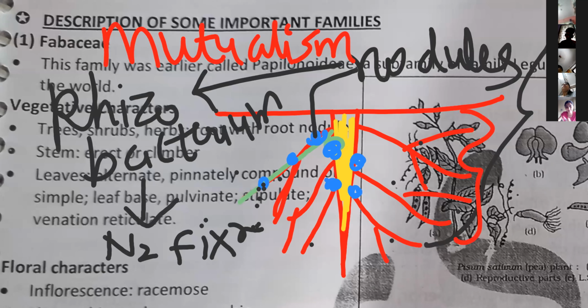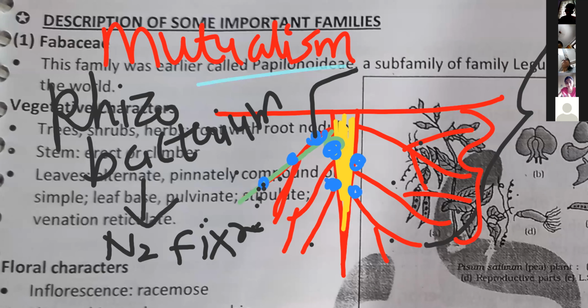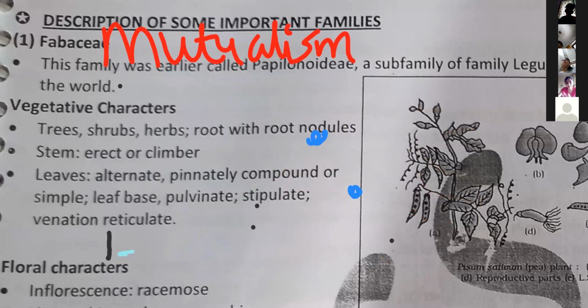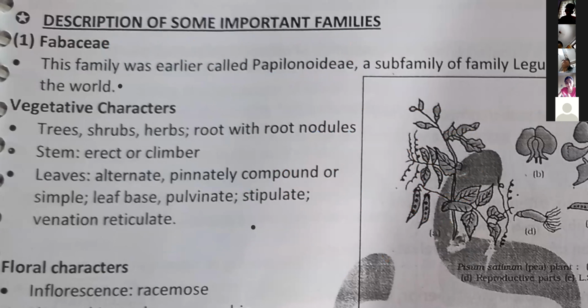These roots of the pulses or legumes we call symbiotic roots because they show mutualism. Clear? The nodule is the part in which the rhizobium bacteria live, which helps in nitrogen fixation for this legume plant or all the pulses. So, root with root nodules.